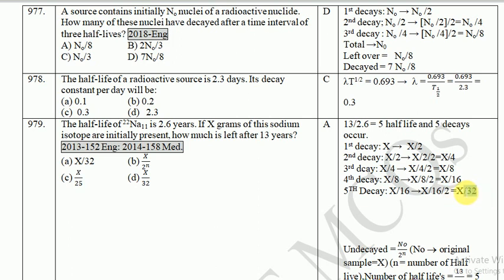So X by 32 is the leftover substance, while 31 by 32 has decayed.